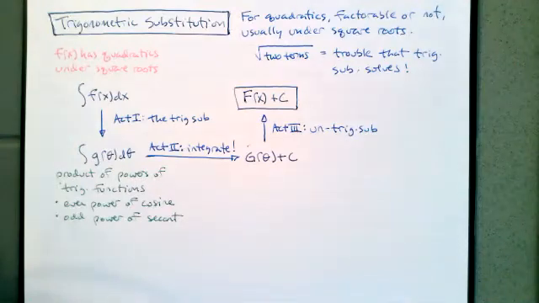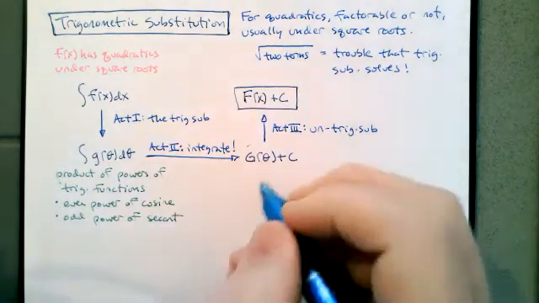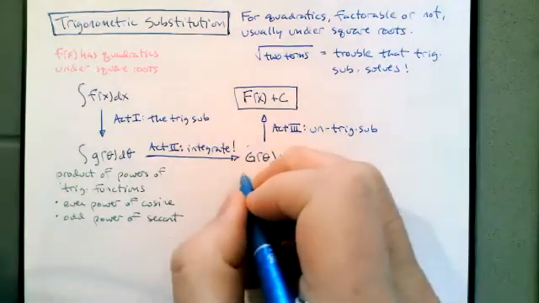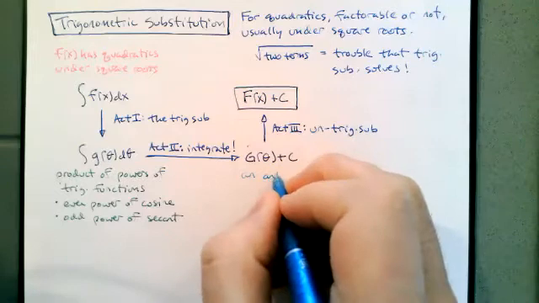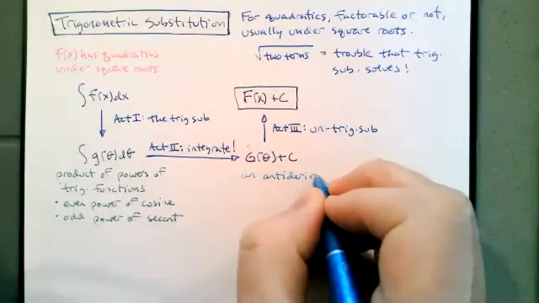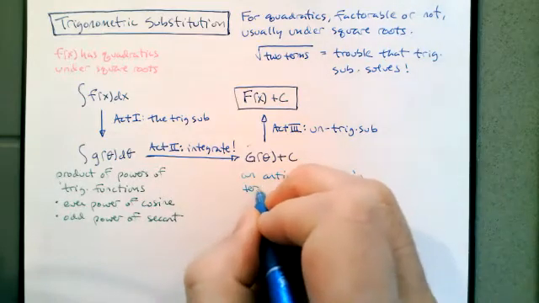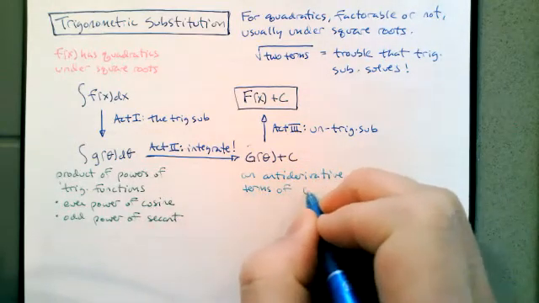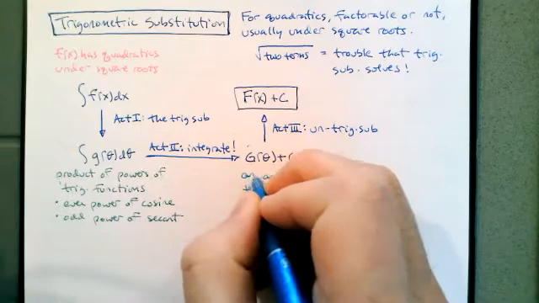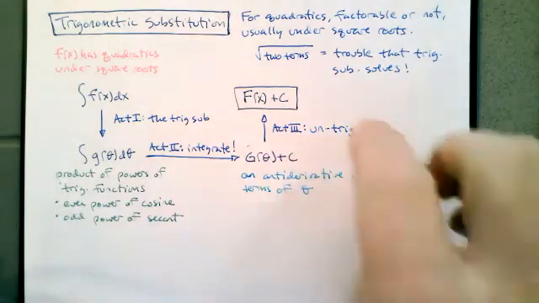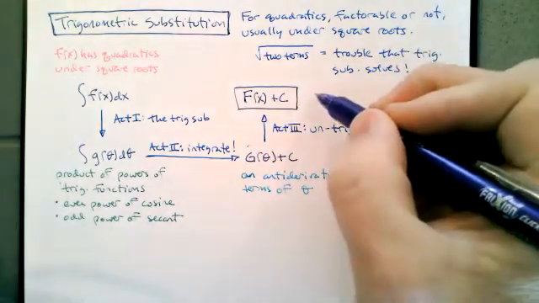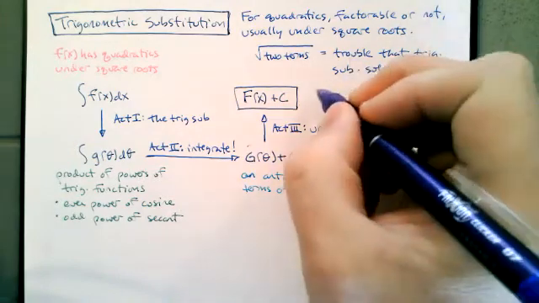It's a little bit more involved than just replacing w's with x squareds or whatever they were. This is where we take the antiderivative in terms of theta, and then our final answer is an antiderivative in terms of x.